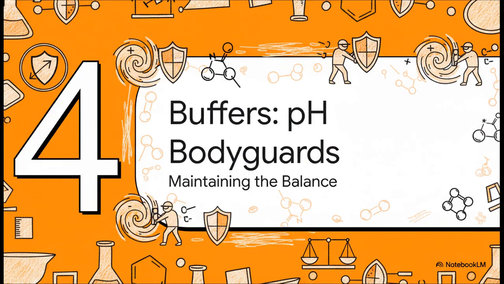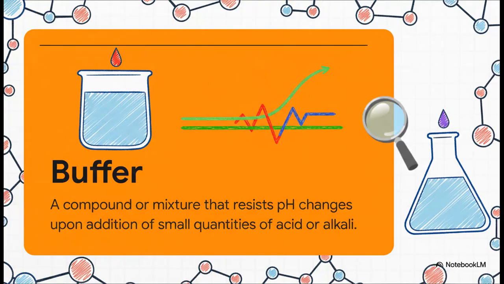So if keeping a specific pH is so critical, how do scientists stop it from changing? Well, they use these things that are kind of like chemical bodyguards. They're called buffers. So what is a buffer? It's basically a special chemical mixture that has one job, and one job only, to resist changes in pH.